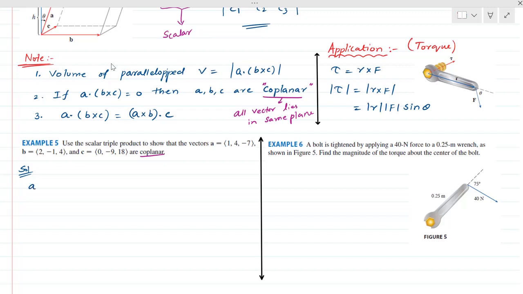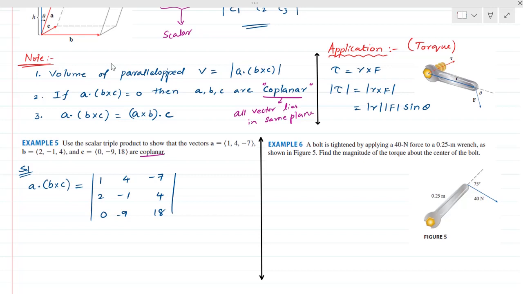So here A dot B cross C is the scalar triple product. Now what is the A value? The A component, this is all our vectors: 1, 4, minus 7. This is the B component: 2, minus 1, 4. Then 0, minus 9, and 18.